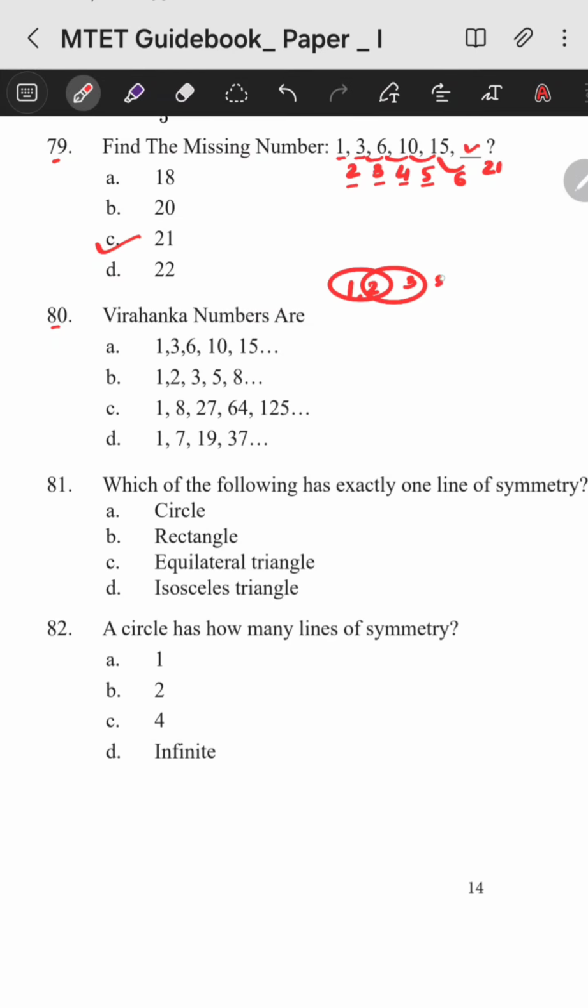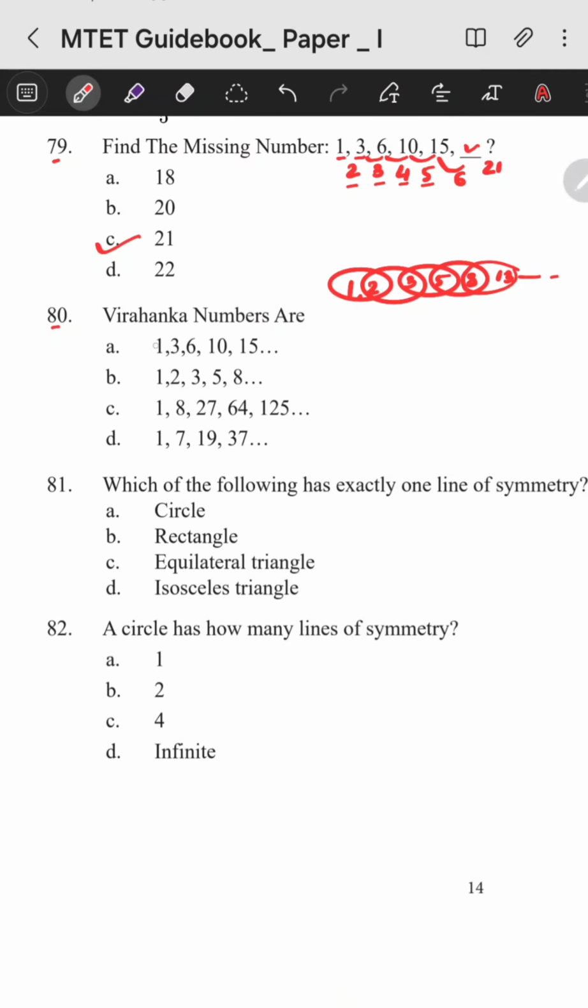If you add, it is how much? 5. Next, these last 2 numbers we have to add, 3 and 5, that is 8. Again the last 2 numbers we have to add, 5 and 8. How much? That is our 13. So we have to continue this pattern. If numbers follow this pattern, those numbers are called Fibonacci numbers.